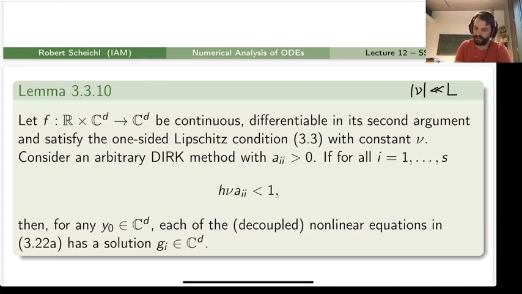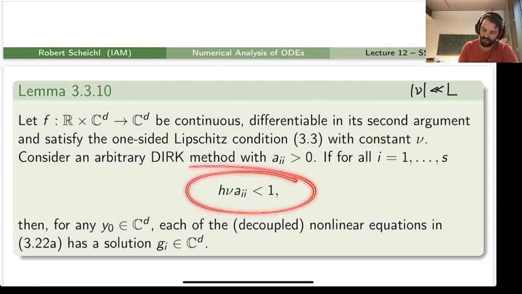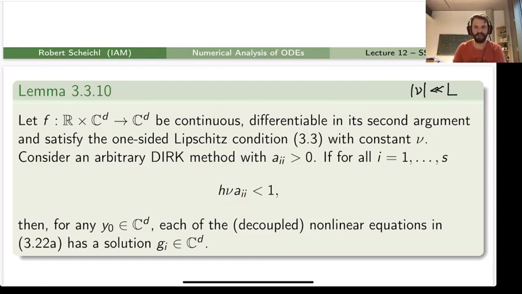So for a start, we have obviously that the modulus of nu is much smaller than L. Secondly, if nu is negative, then there is no constraint at all.